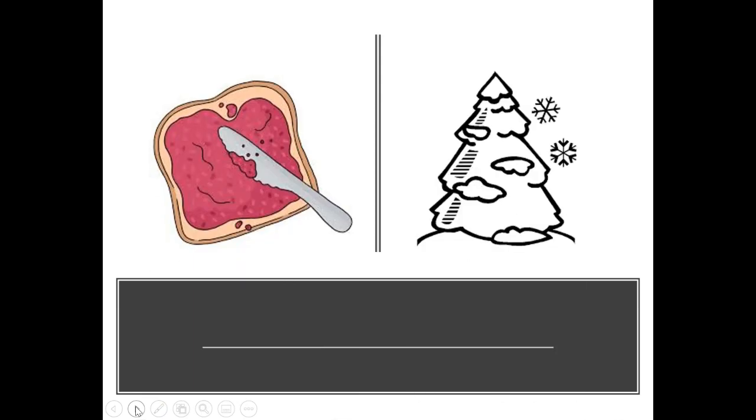What do you notice or see? I notice or I see. Well, in the first picture, I notice bread, and on top of the bread is some jam or fruit spread, and it looks like they covered the toast with jam with the knife and they spread it over.